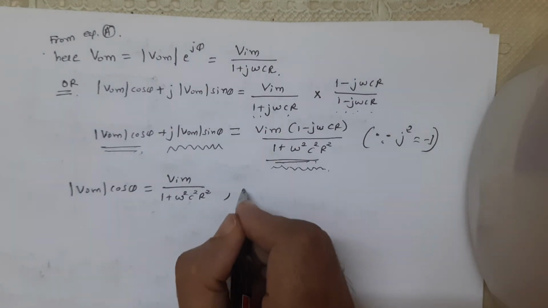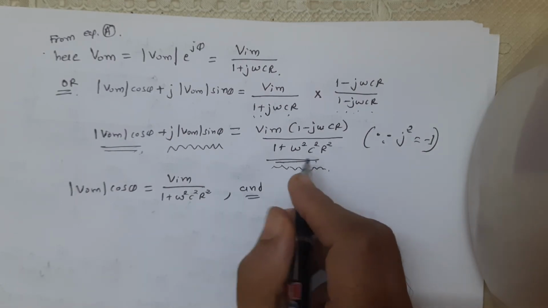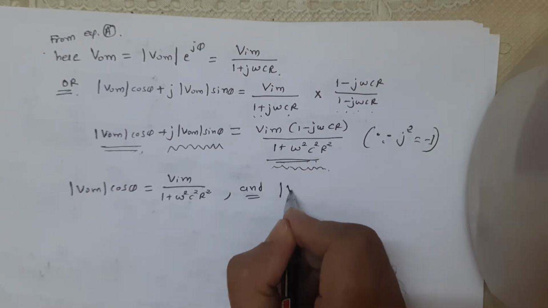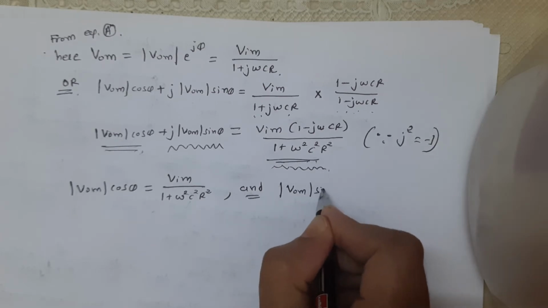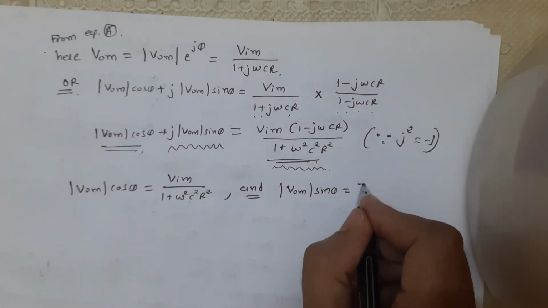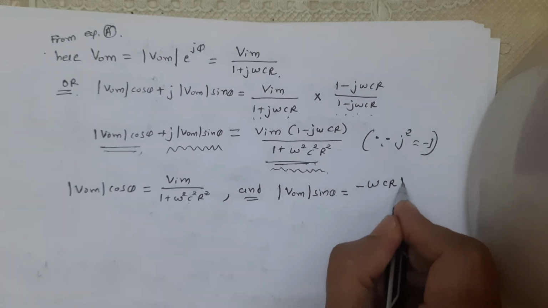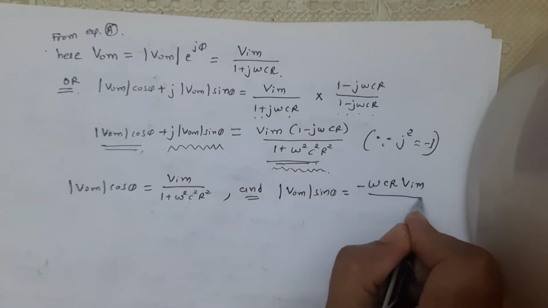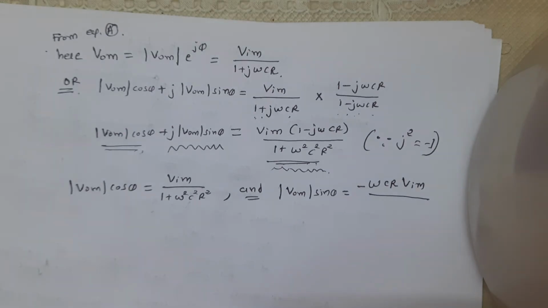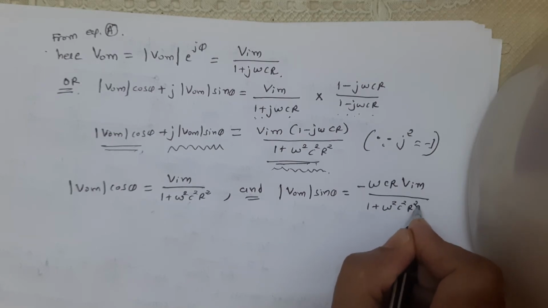And for the imaginary part, we compare the imaginary parts, and we get modulus of VOM sin theta is equal to minus omega RC into VIM divided by 1 plus omega square C square R square.